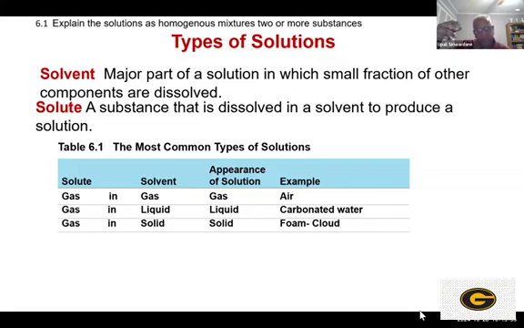For example, clouds are water vapor dissolved in ice. Normally a foam is formed, like shaving cream. Gas dissolved in a solid. It makes a cloud. Liquid and liquid is a homogeneous solution that is formed between two liquids.